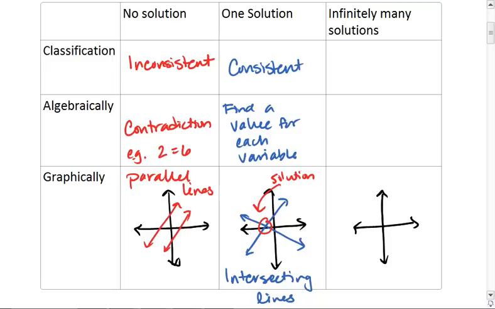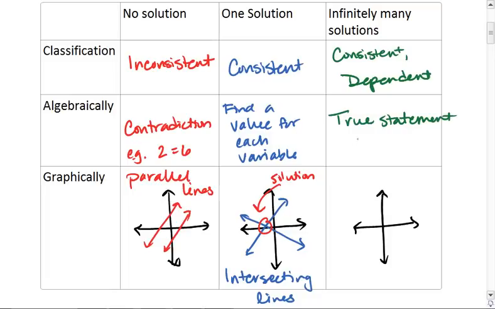Lastly, we can have the case of infinitely many solutions. This is also considered consistent, since we do have a solution. However, it is dependent. It's because the solutions depend on what the other variables take as values. What we will find algebraically is we'll get a true statement, such as 0 equals 0.